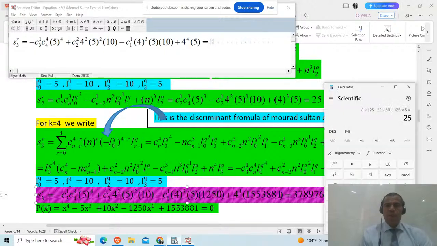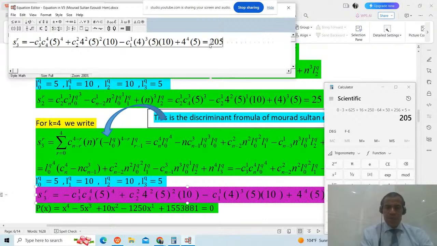So we have negative 3 times 625 plus 16 times 16 times 250 minus 64 times 50, 5 by 10, 50, plus 600, 256 times 5 equals 205. This one is 205, correct?